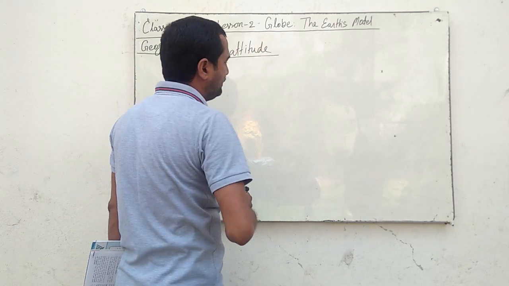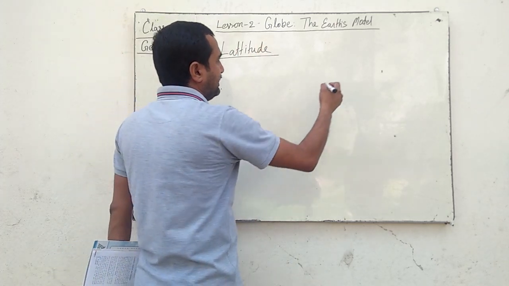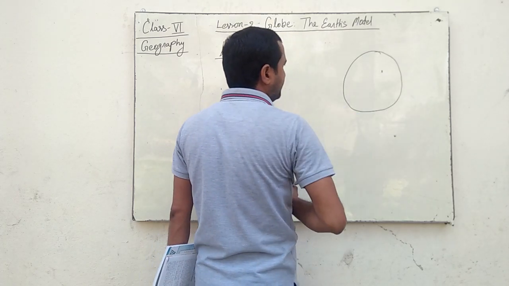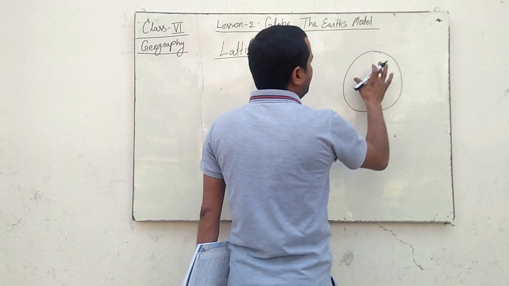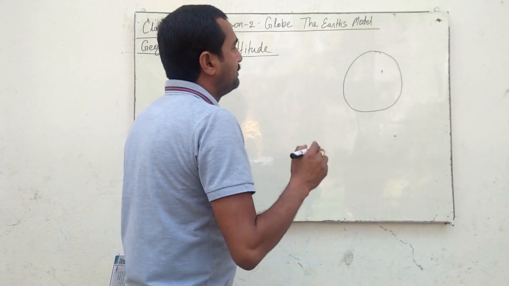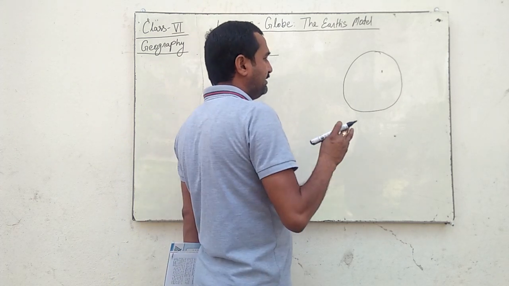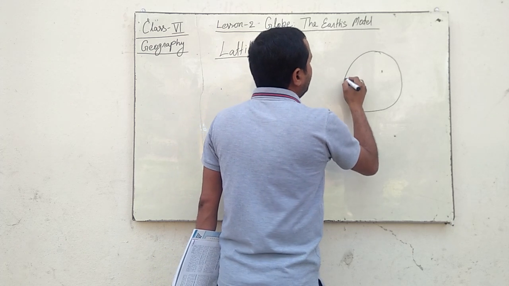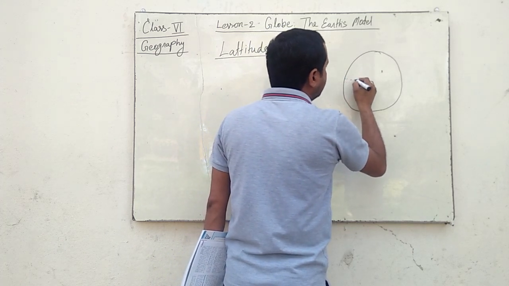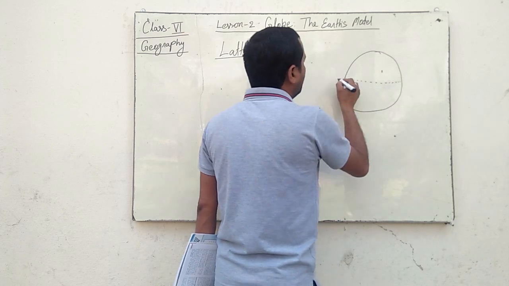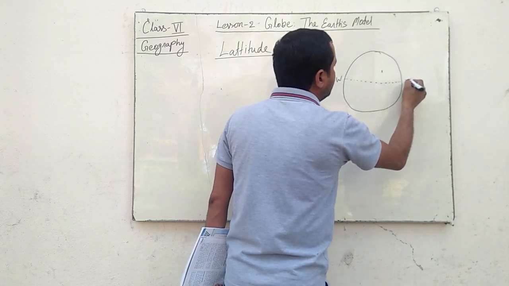Now what is latitude? Let us once again draw the globe. The globe, as I have discussed, is the Earth's model representing physical features, and on it lines are also given. Such lines run from west to east.